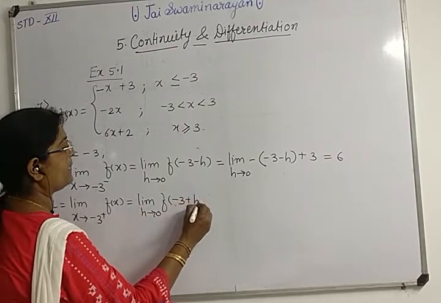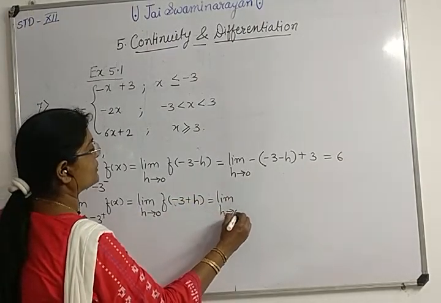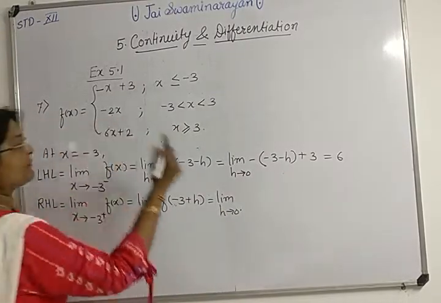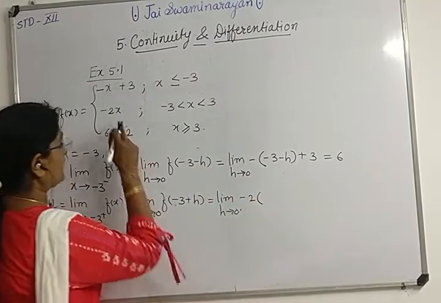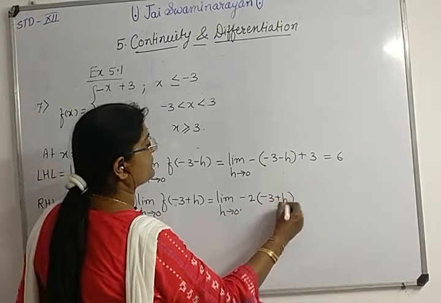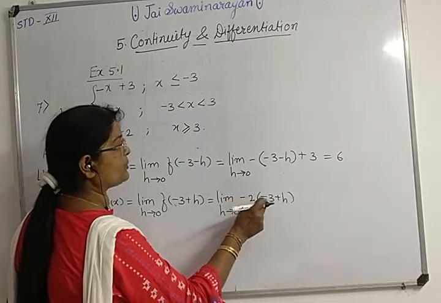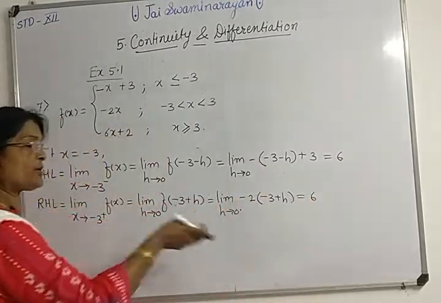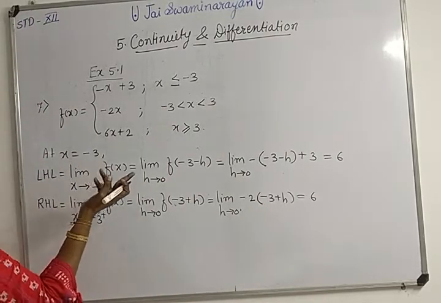For greater than -3 our function is -2x, that is -2 into the value of x, which is -3 plus h. Now put the value of h at 0, that is minus into minus plus 2 3s are 6. So the answer is 6. These two values are equal. Now we will check it for x equal to 3.